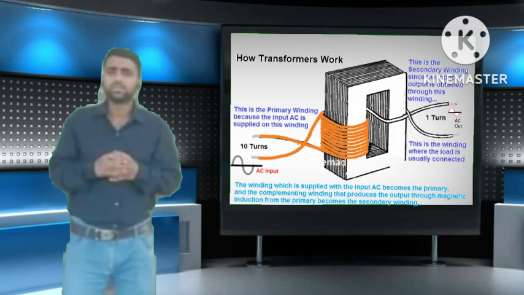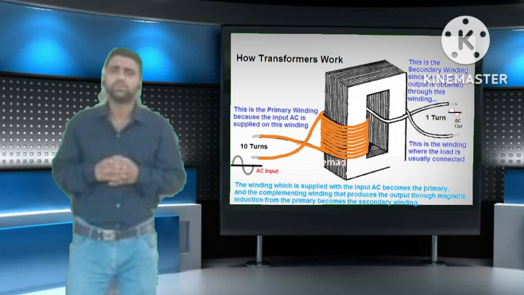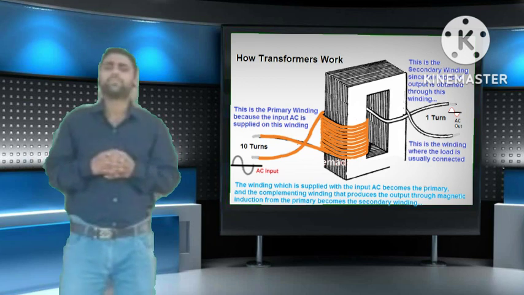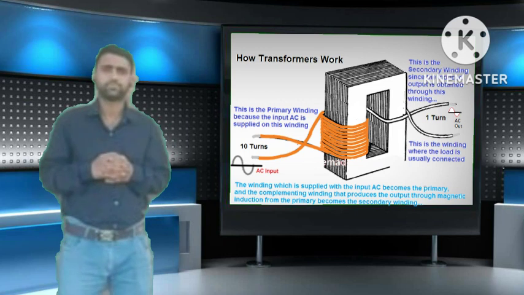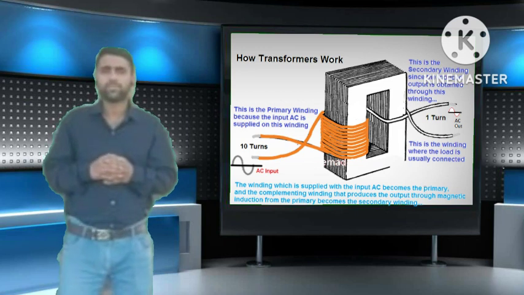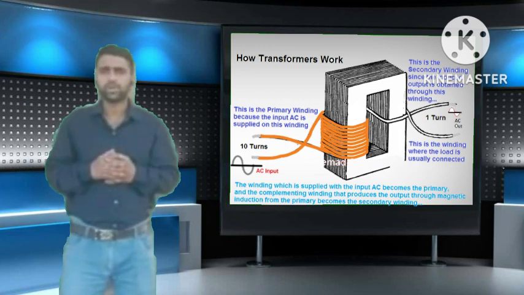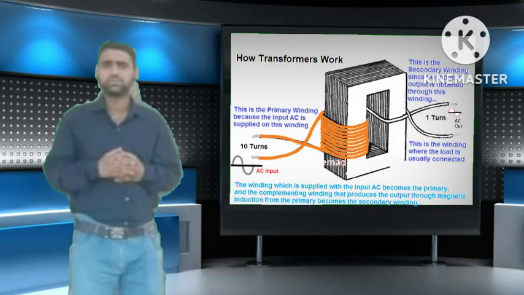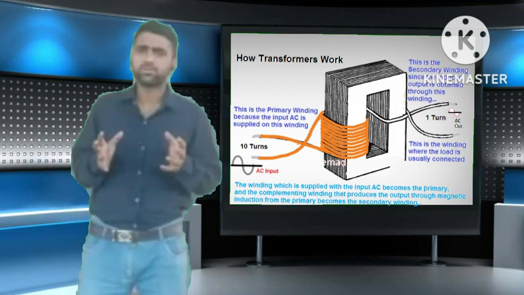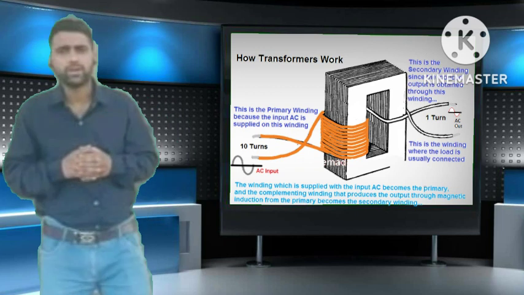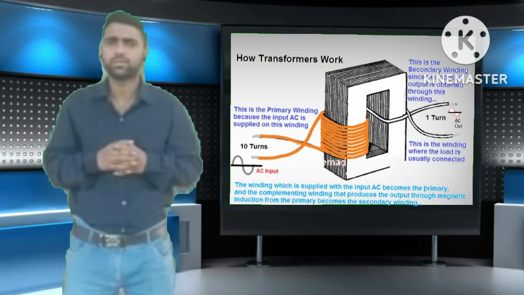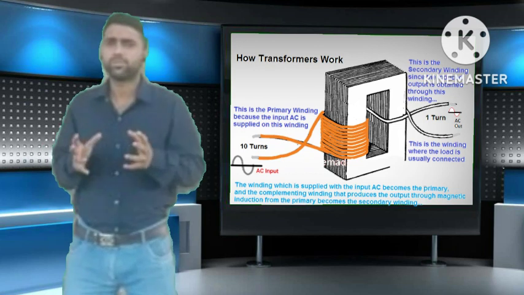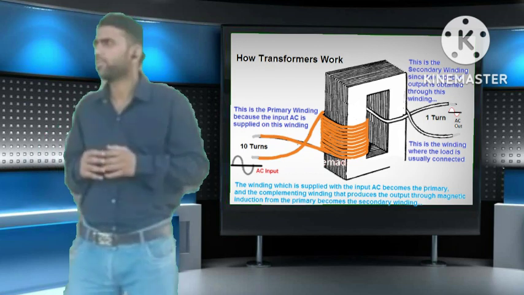The working principle of a transformer is very simple. It depends upon Faraday's law of electromagnetic induction. Actually, mutual induction between two or more windings is responsible for the transformation action in an electrical transformer.